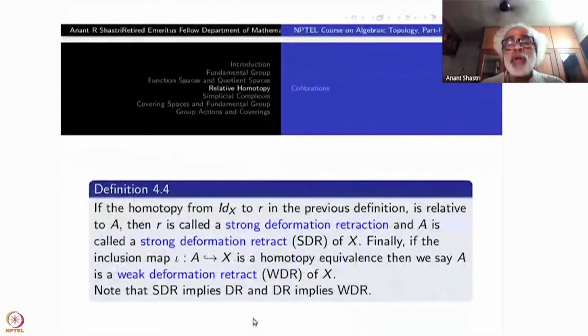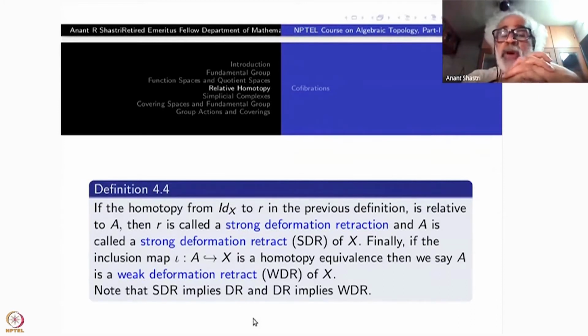If the homotopy from identity to R in the previous definition, namely when we defined deformation retraction, is relative to A, the points of A are not moved, then this is called a strong deformation retraction. And A is then called a strong deformation retract.